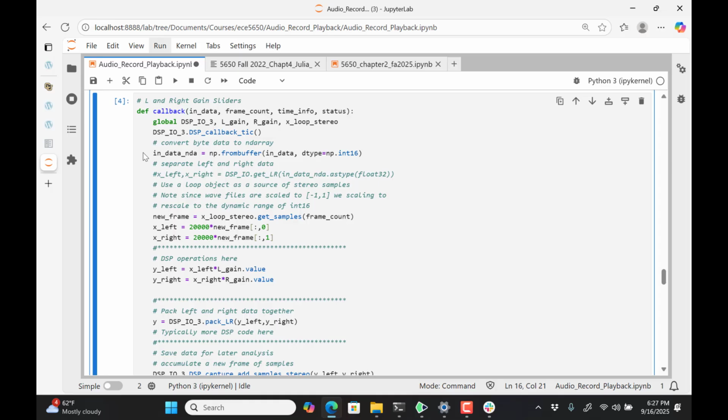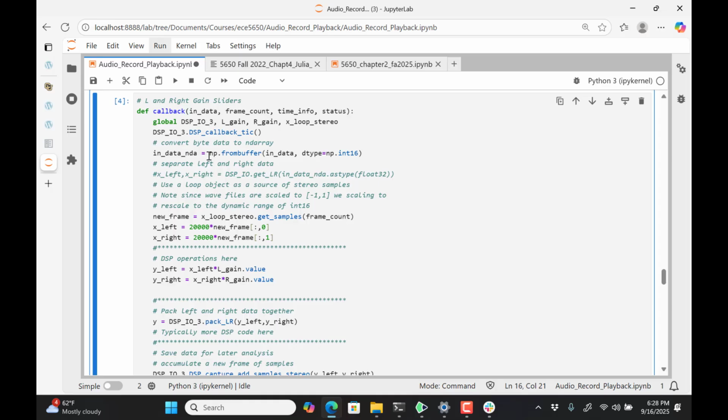This callback function is bringing in data, and frame count is the number of samples that are in that frame. As soon as it's ready, this function fires all by itself in our notebook. We don't have to make it do it. It's going to do it by itself, and it's going to process the samples. In this case, I'm not bringing in anything from in data because I'm not connecting up a microphone.